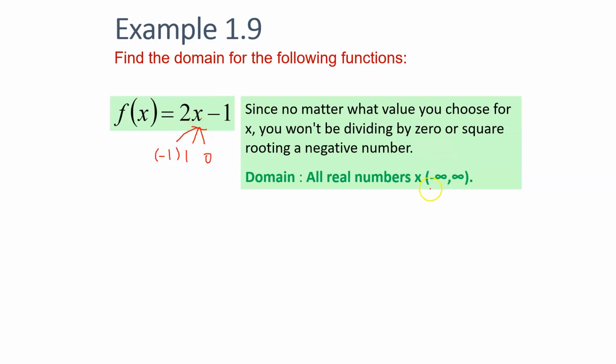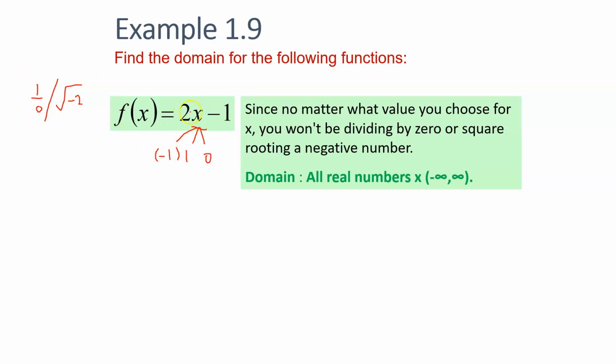So dia kata daripada negative infinity until infinity, as long as nanti jawapan dia bukan dalam bentuk pecahan yang 1 over 0 ataupun yang dalam bentuk square root negative 2, for example, any number lah, as long as dia bukan dalam bentuk yang ini.